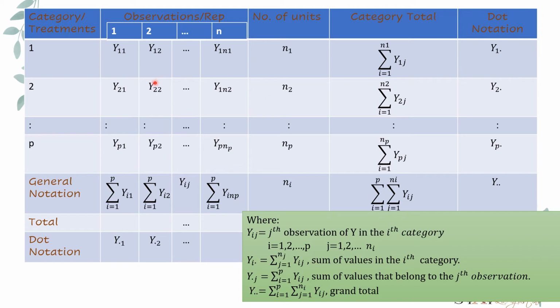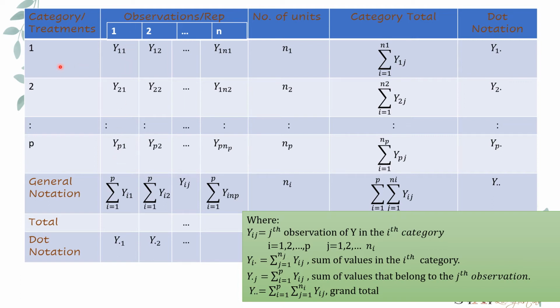Here we are using two digits in the subscript, 1 and 1. What is this? The first digit represents the first category or treatment, and the second represents the column, which is the number of observations.